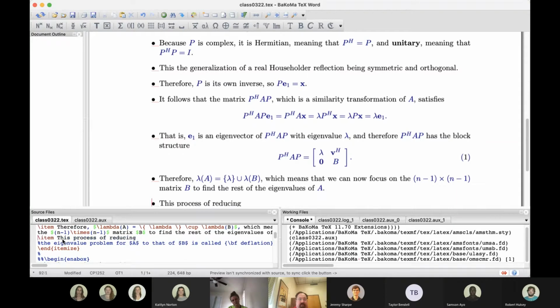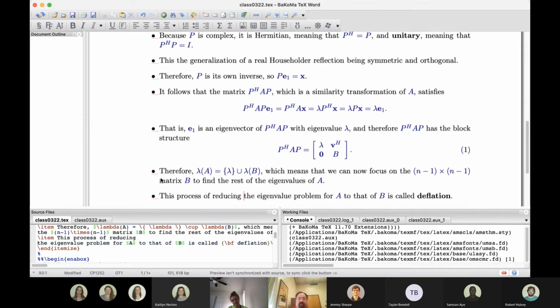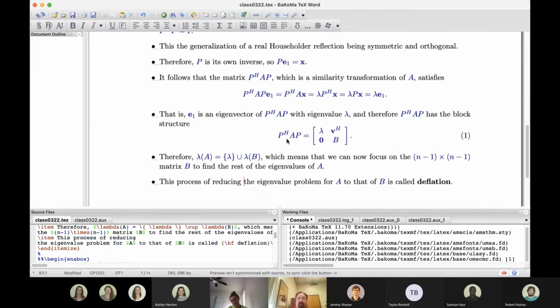So what I've just done here to reduce the eigenvalue problem for A to one for B is called deflation. Deflation is actually used in another setting that's closely related to eigenvalues, because the eigenvalues are the roots of a characteristic polynomial.